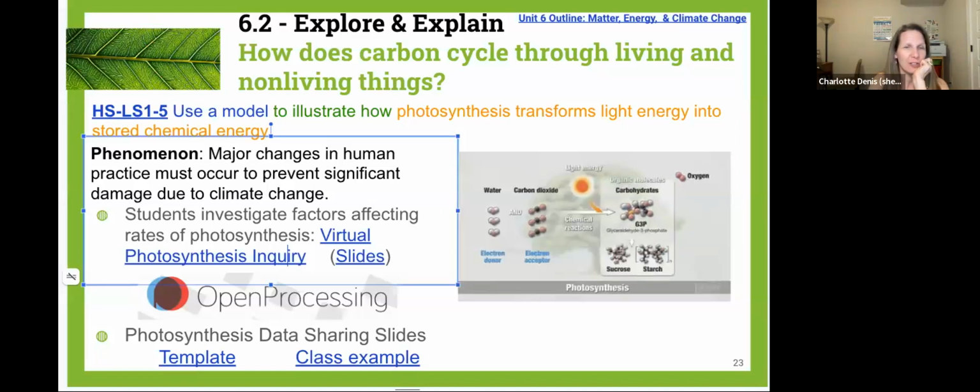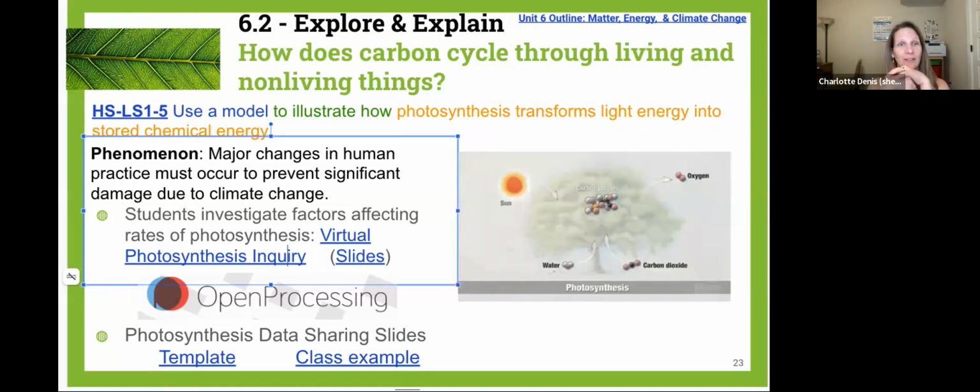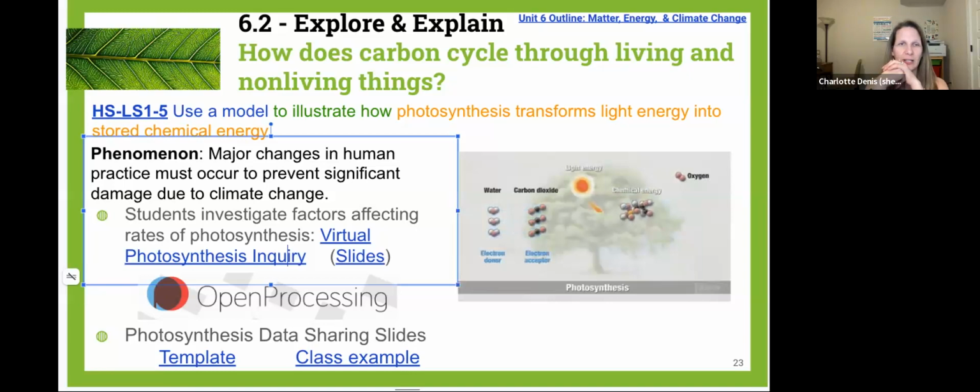I used to do an old one where we would put a snail and Elodea in a closed system together and see how long they would live. But I don't know, has anybody ever tried something like this with something other than Elodea, some other kind of aquatic, like aquarium plant that you can see the bubbles for?